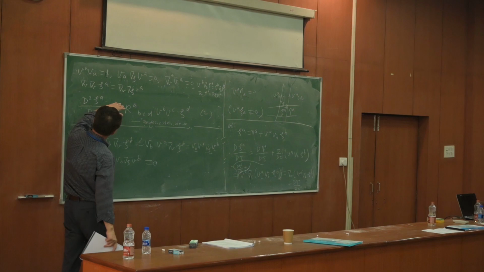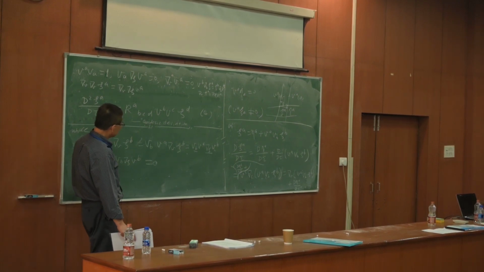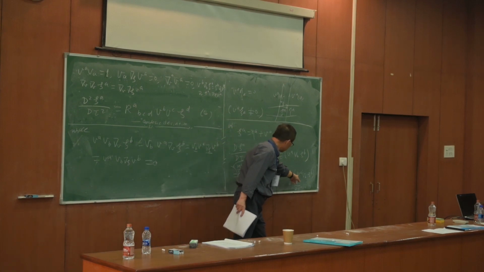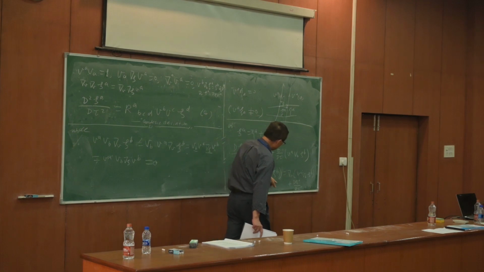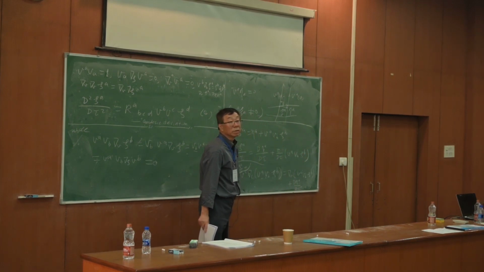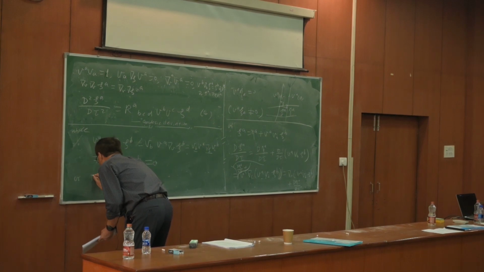Why? Because this actually equals 0. Correct? So this equals 0. Then I have d theta d tau actually equal to d eta. This is what I want.